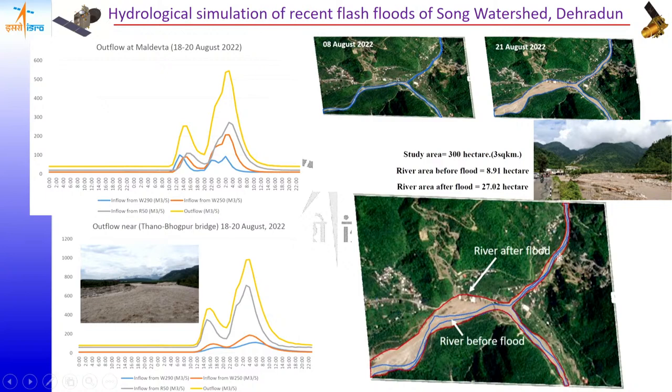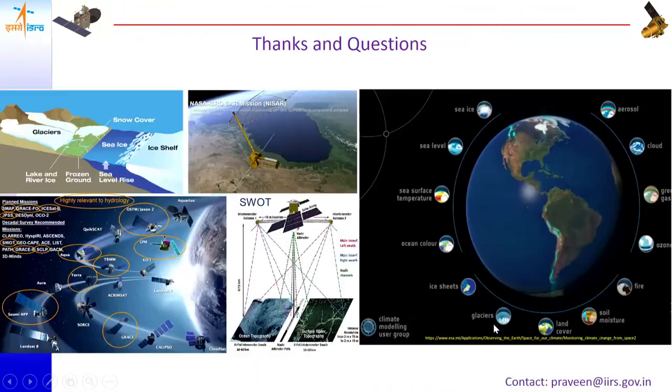You can see here the river has reclaimed its path, and one of the bridges there, on the airport road, also got washed away. Such events, if we carry out unplanned human activities in the main course of the river, are bound to have repercussions like this, which we have seen at Maldevta.